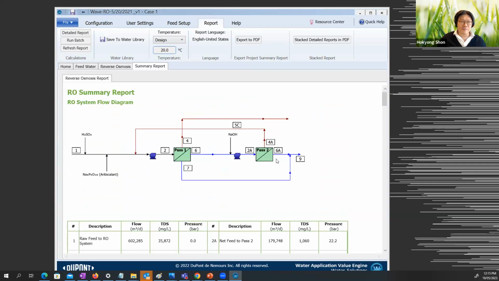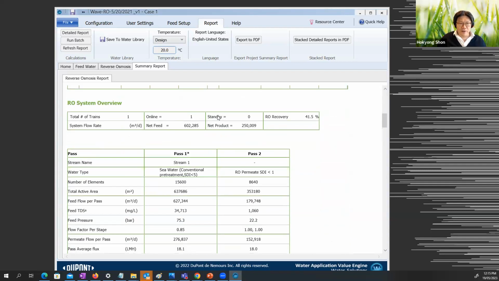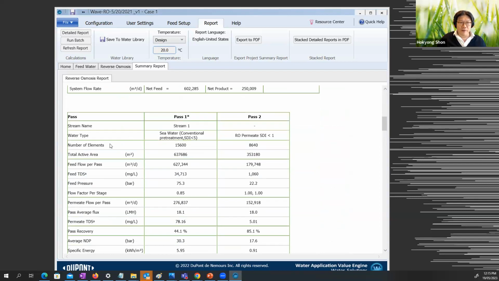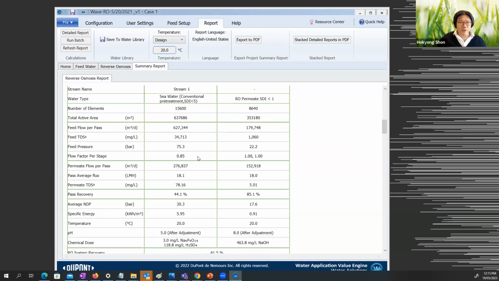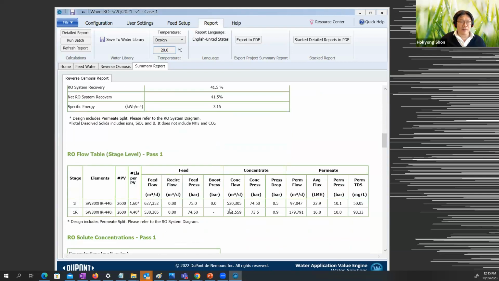So you can see how this can be calculated. You can have all the detail: how many passes, how many streams, the number of elements. So you design everything for your RO system, what the recovery is, and what the specific energy consumption can be calculated.